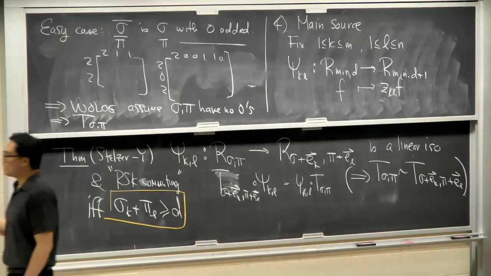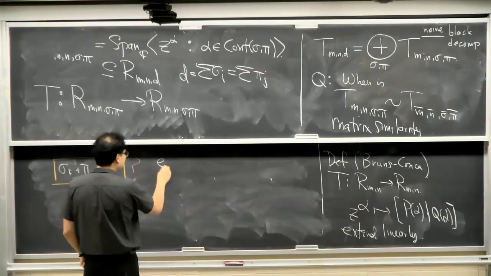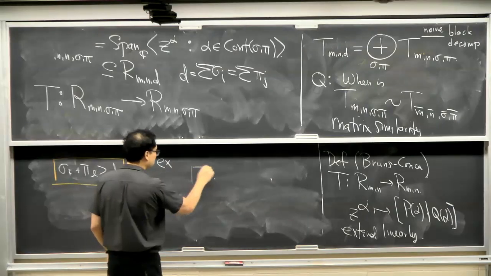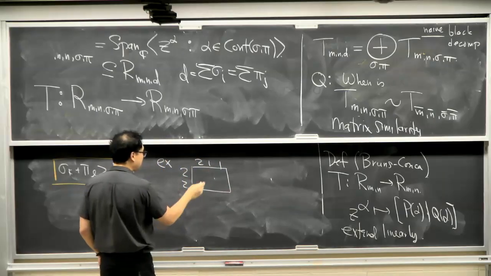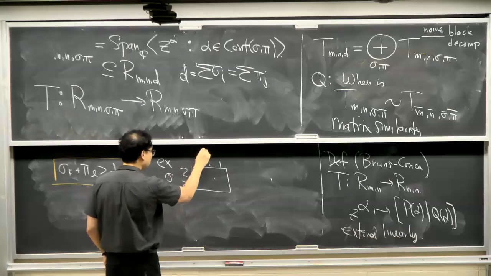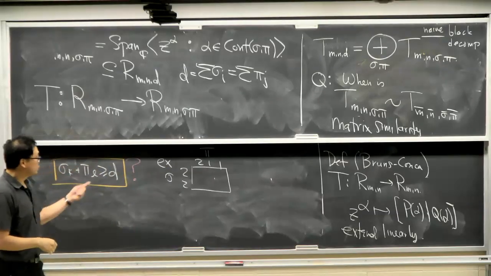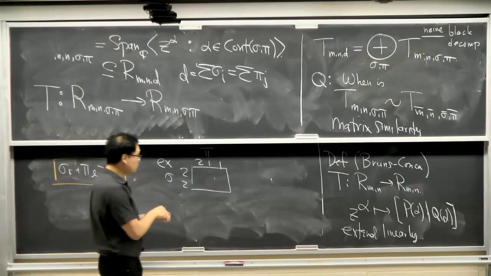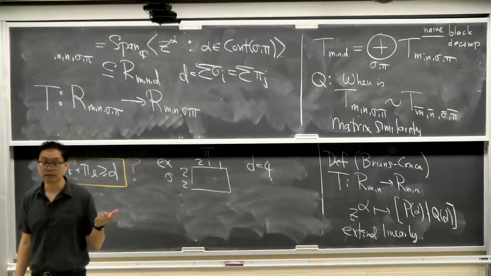Okay, so I want to just say a word about what this is actually saying. So maybe by example is easiest. So this is my sigma and my pi over here. And we look at this condition, right? And the total D here is equal to 4. Any matrix satisfying these conditions has total sum 4.